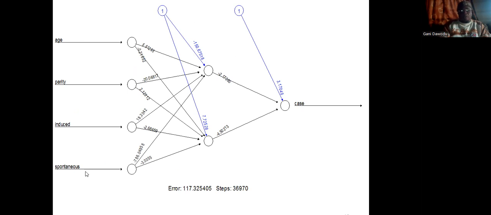These are the covariates you are paying attention to. Your choice of covariates may have been born out of the fact that you probably have done principal component analysis to know the covariates that are extremely important, or a factor analysis or whatever. This is the summary, the error at that instant and the steps it has taken.